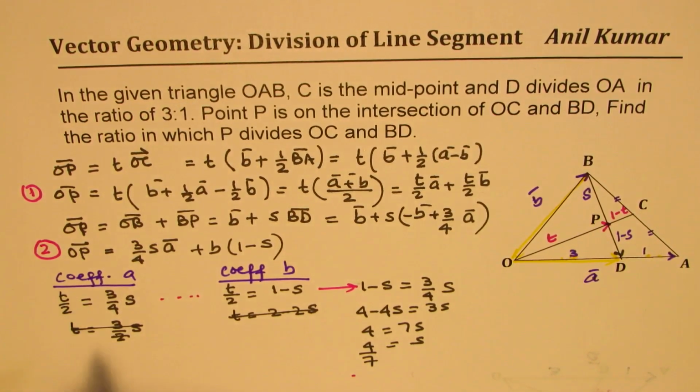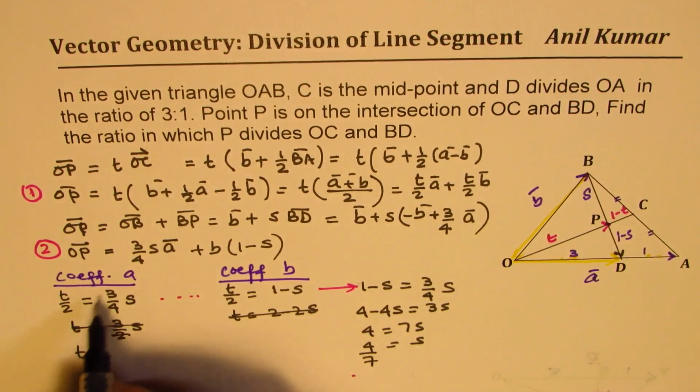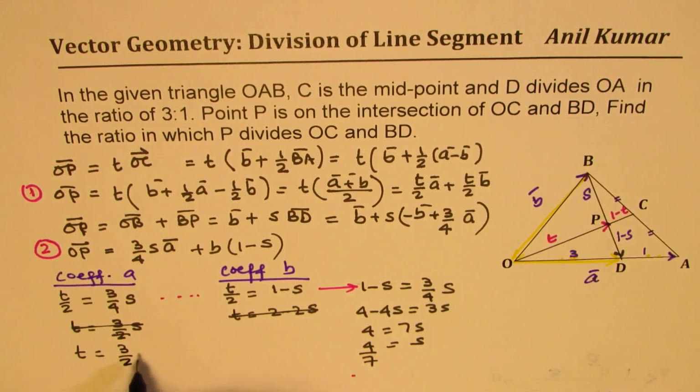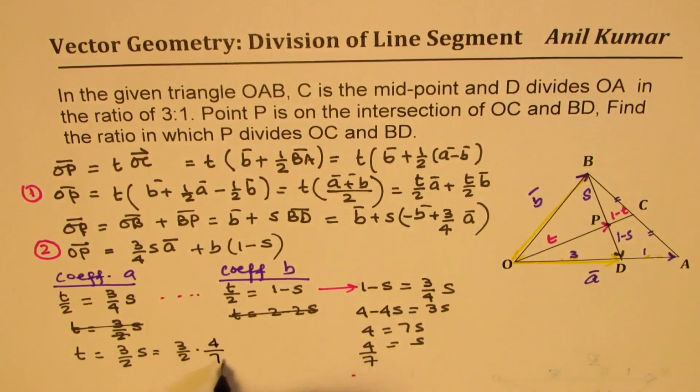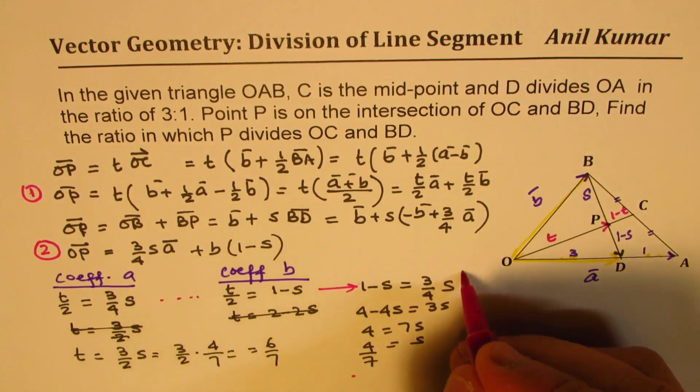Now from here we can get the value of t. So t is 3 over 2s, which is 3 over 2 of 4 over 7. So s is 4 over 7, right? So we get here, that goes 2 times. 6 over 7 is the value of t, right? So we got both the parameters.